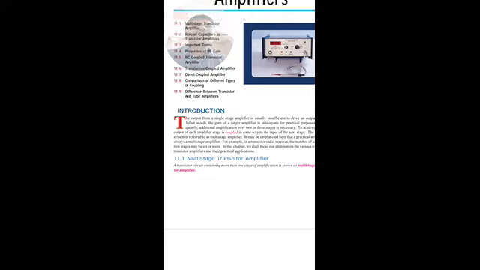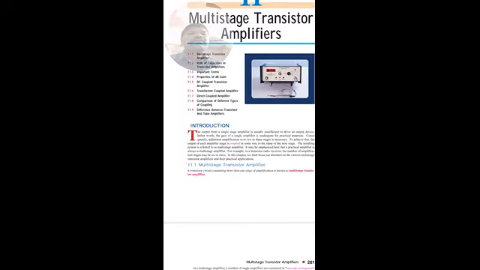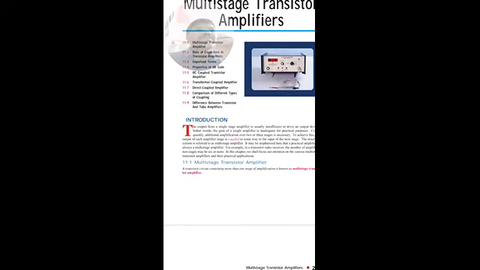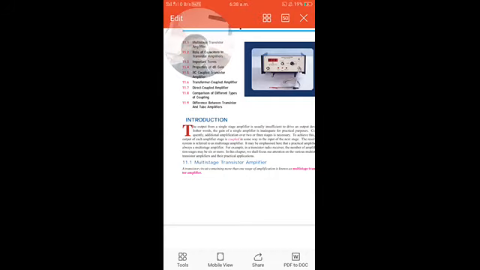In the middle stages we have two or more CE amplifier stages providing the required gain. In the output stage we are also going to have a CC amplifier, so that it provides low output impedance.